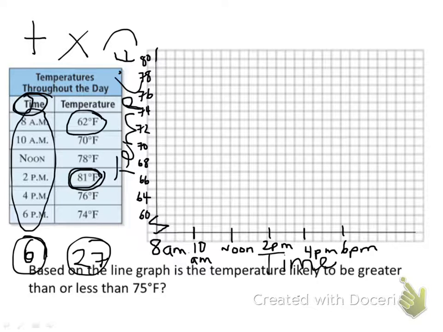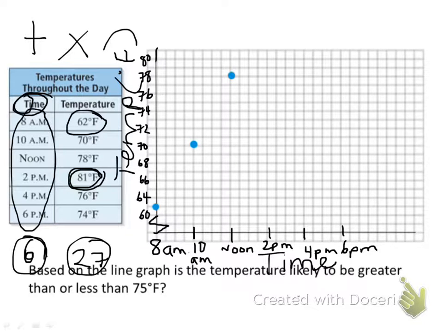All right, next step. For each point, I'm going to plot it as a dot on our graph. So 8 a.m. is at 62, and 62 is right here, so I put a dot there. Next one is 10 a.m. We're at 70, so at 10 a.m. we're going to go up to 70. Noon is 78. Make sure it's in the middle.